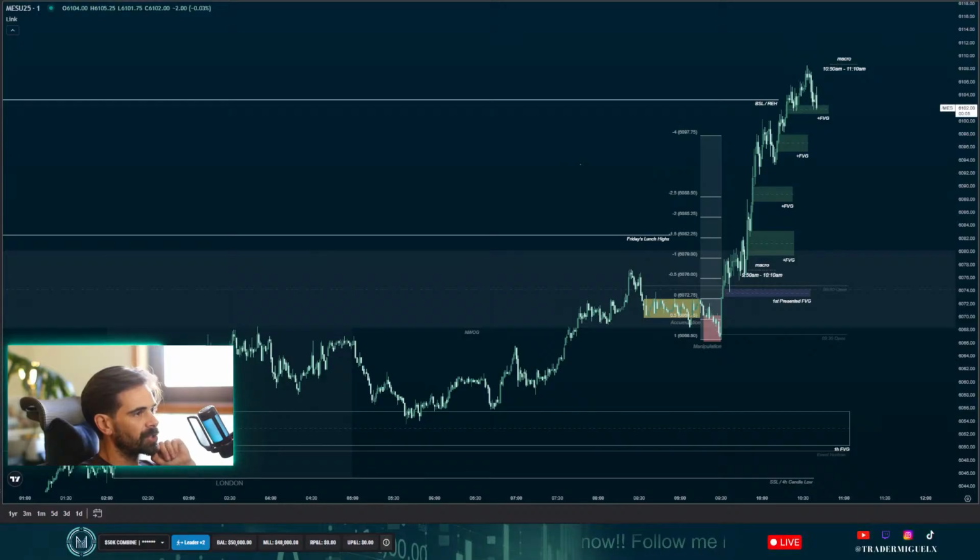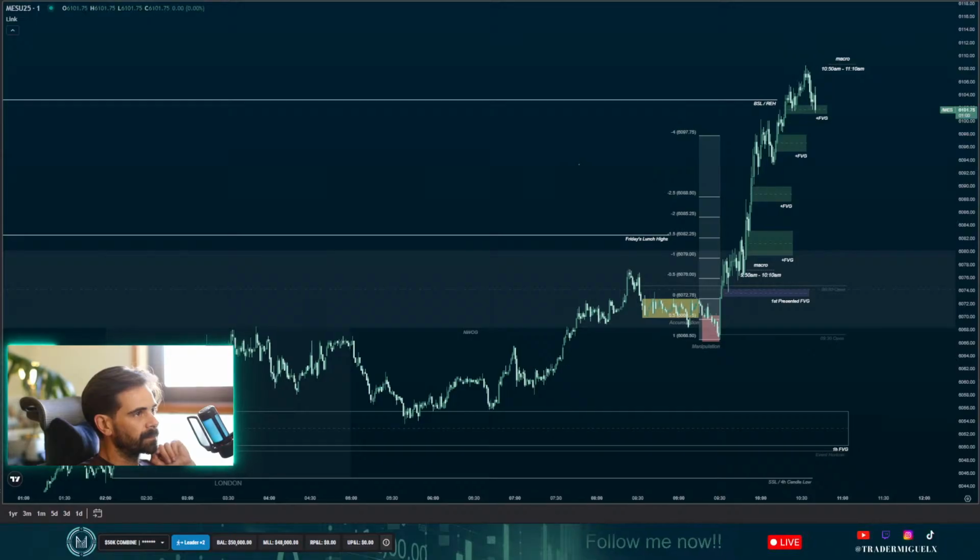So the bullish trend should eventually continue. But yeah, it can be on a long term and not on a short term basis.